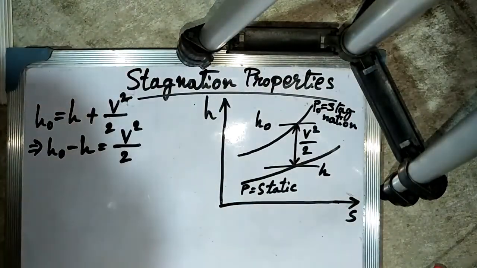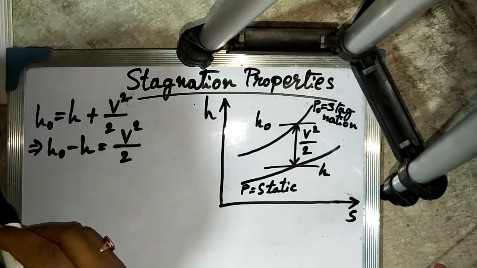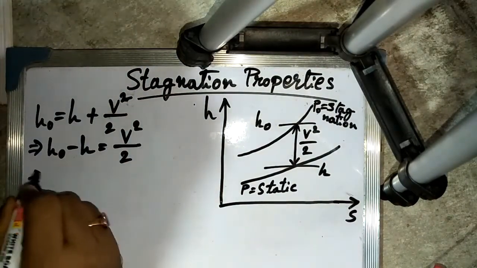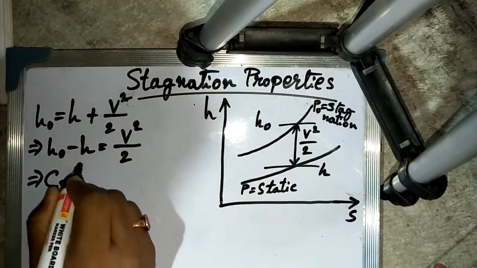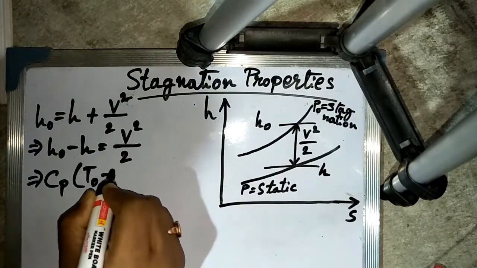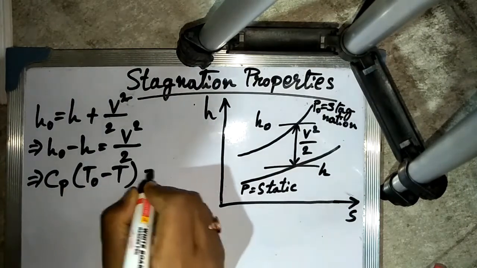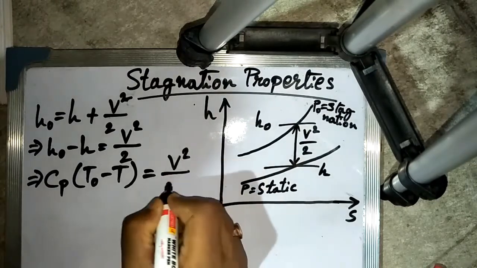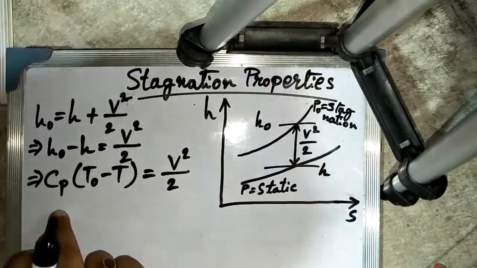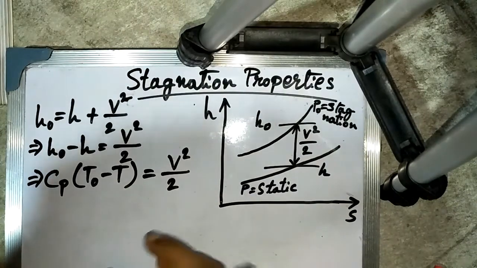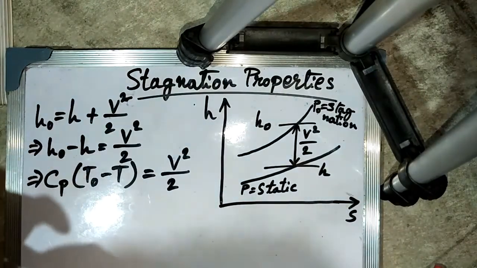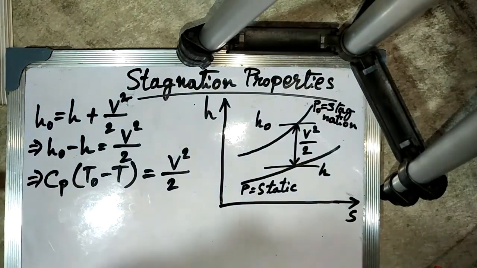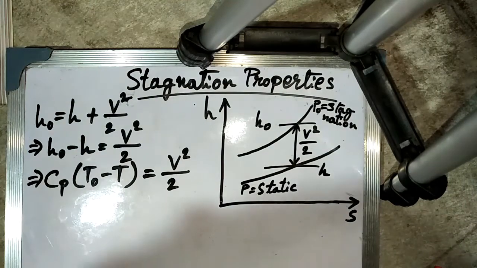In case of ideal gas, we can write Cp into T0 minus T equals V square by 2. This is the basic equation that we have already learned, that is dH equals Cp into dT.